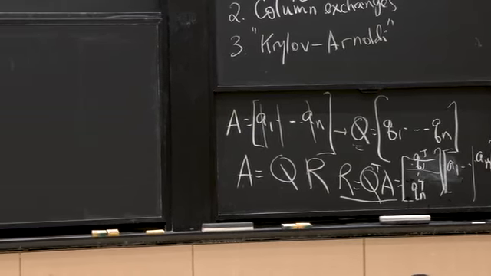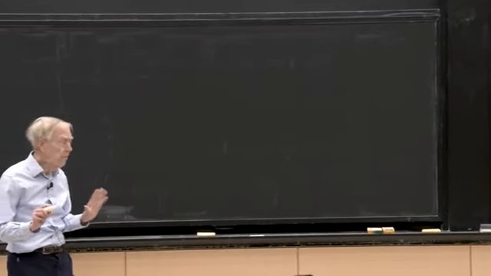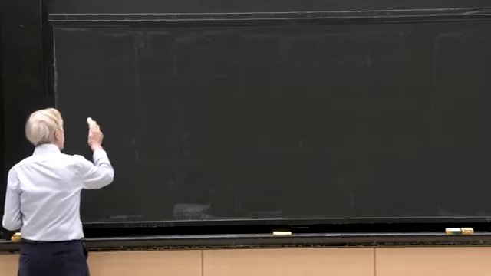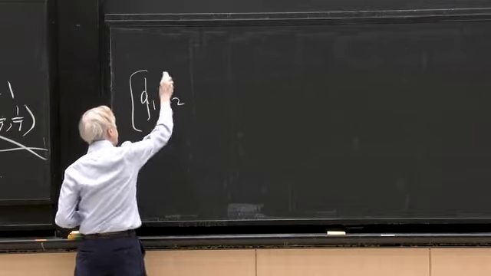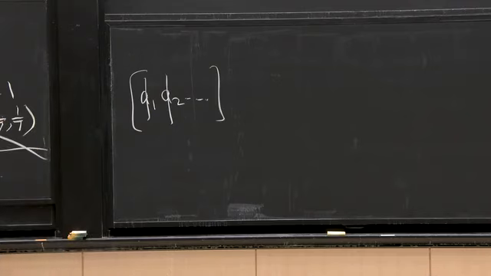Okay, now what's Gram-Schmidt? I'm sort of thinking you've seen the basic ideas of Gram-Schmidt, but let's review. So I start with A. What does Gram-Schmidt begin with? a1. It takes that first column.